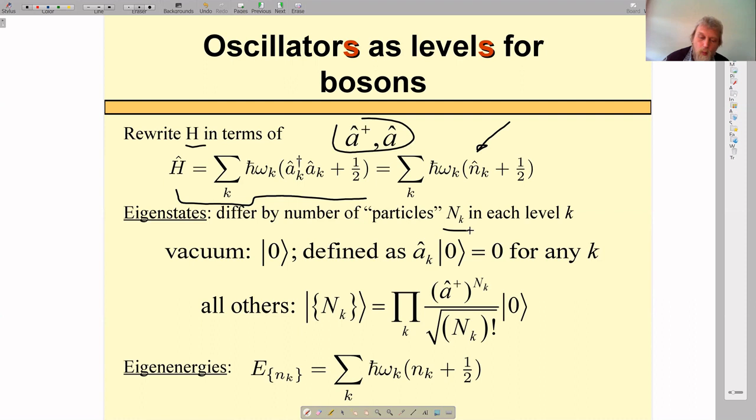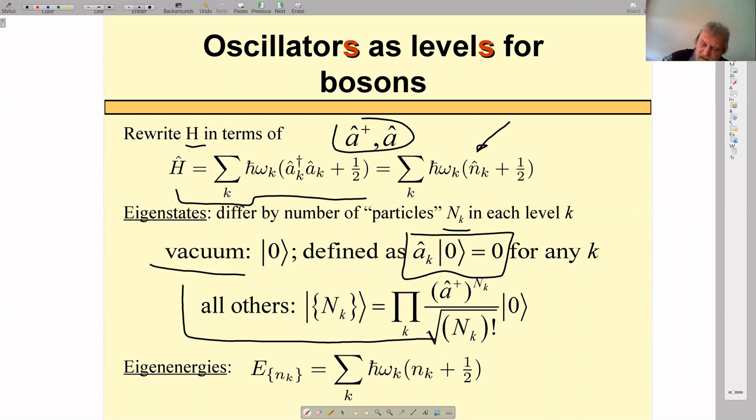We have a special state, the vacuum state for this oscillator system, which is the direct product of oscillator vacua. Each oscillator has a vacuum. The definition is such that at any k, we cannot annihilate anything in this vacuum. That's enough, and all other states we can make from this.